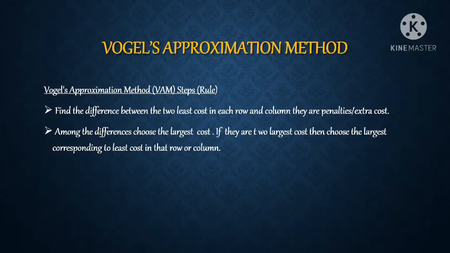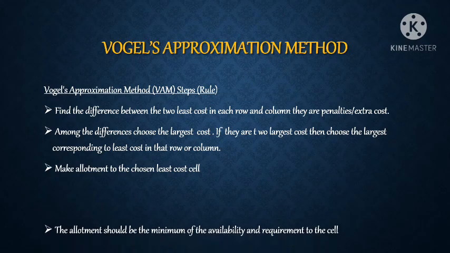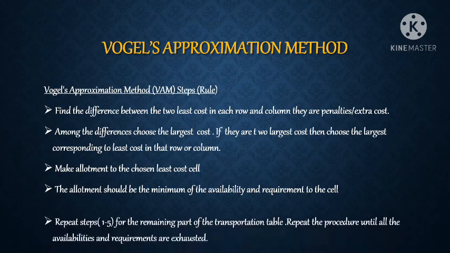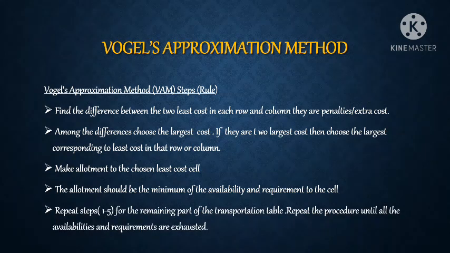If there are two largest, then choose the one corresponding to the least cost in that row or column. Make an allotment to the chosen least cost cell. The allotment should be the minimum of the availability and the requirement for the cell. Repeat the steps for the remaining part of the transportation table until all the availabilities and requirements are exhausted.